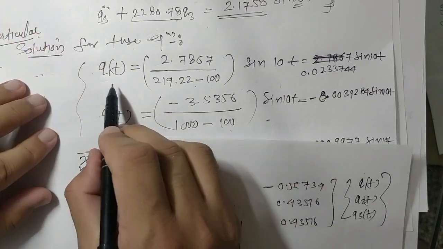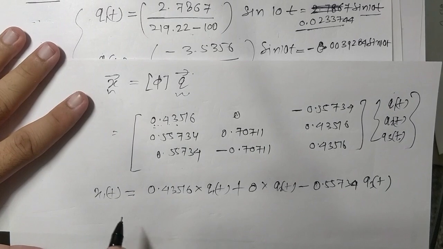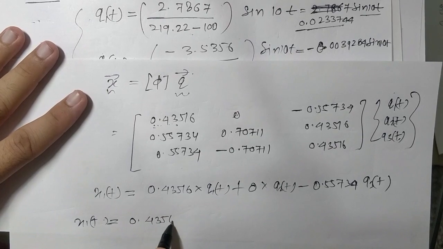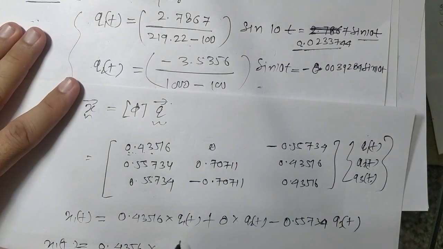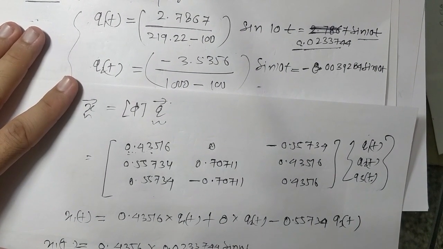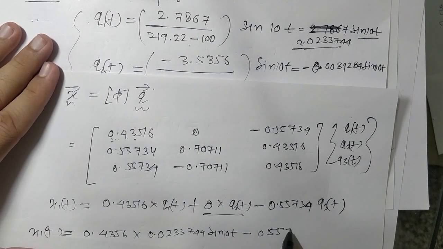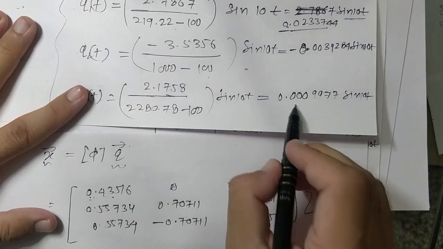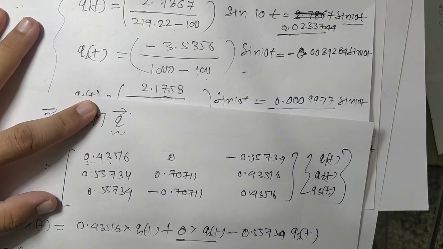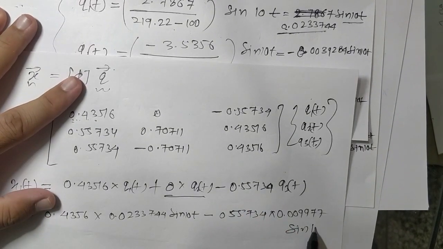If we replace them here, x1(t) is 0.43516 multiplied by q1(t), which is 0.0233744 sine 10t, and this becomes 0, and this becomes 0.55734 multiplied by q3(t), which is 0.009977 sine 10t.